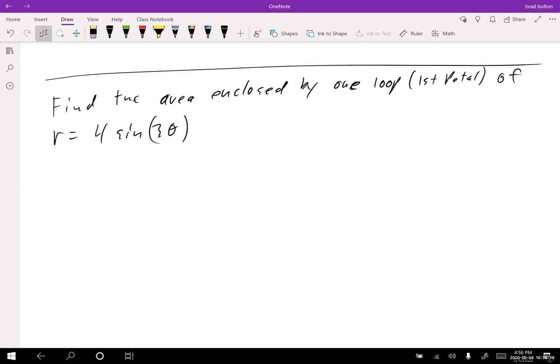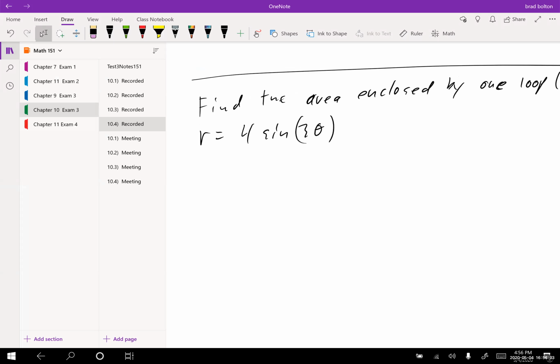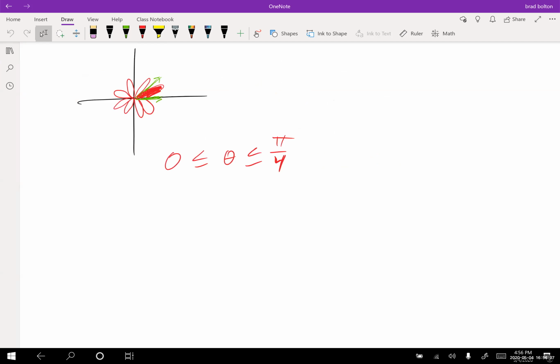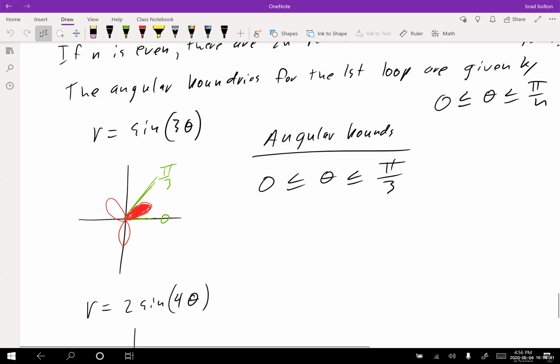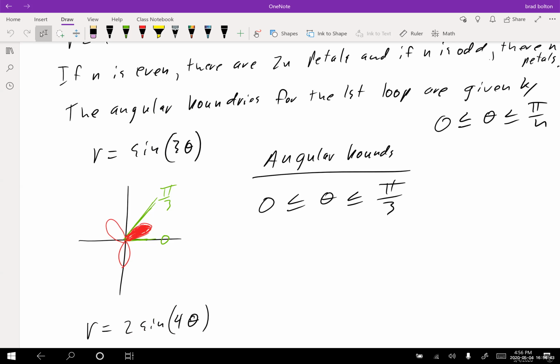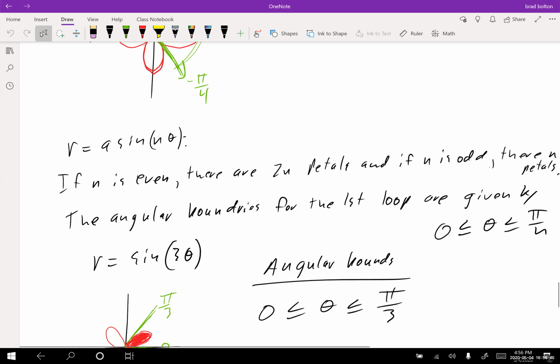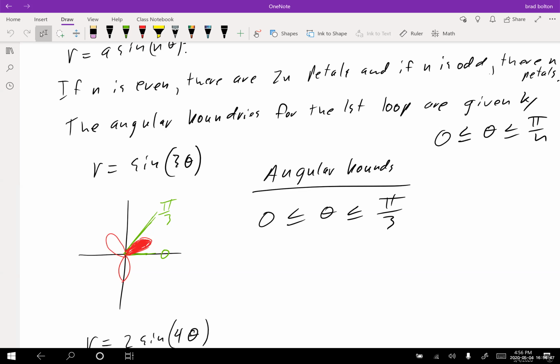So in chapter 10.3, the other day, I showed you how to find the angular boundaries for the first loop of a rose. So we're going to fall back to that. Let's look at 10.3. So 10.3 says if you're dealing with sine, the angular bounds for sine functions are from 0 to pi over n.